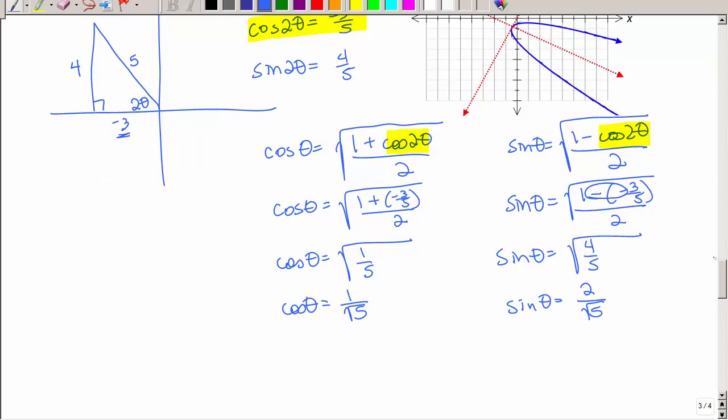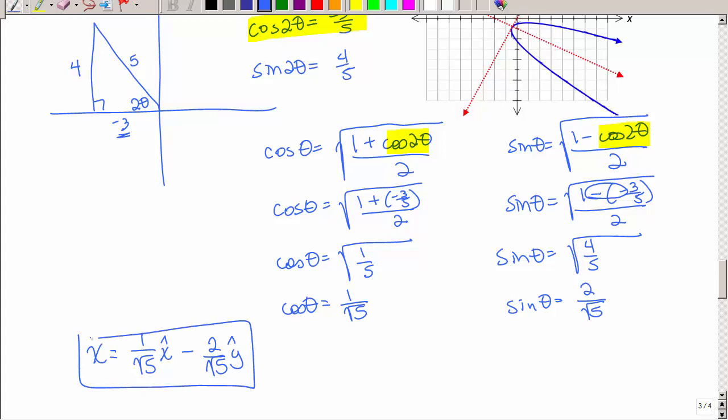Now I am ready to write those rotation formulas. Okay, so x is equal to, look at your notes, what comes first? The cosine. So I have 1 over the square root of 5 times x hat minus the sine times y hat.